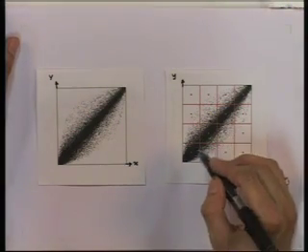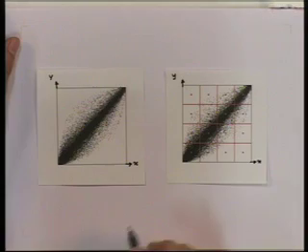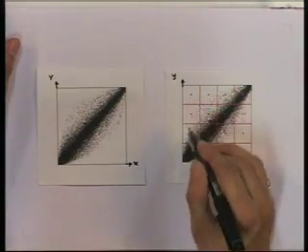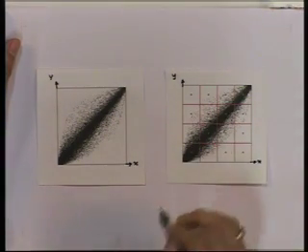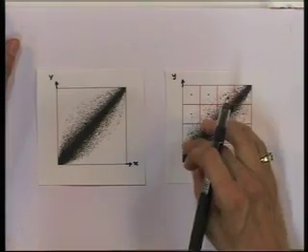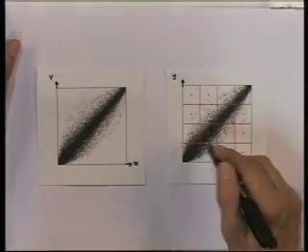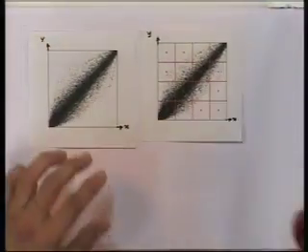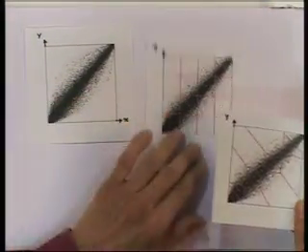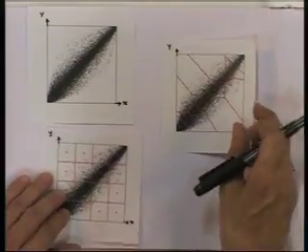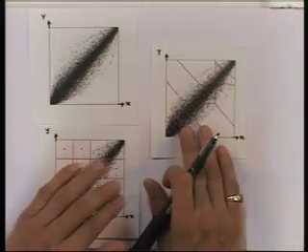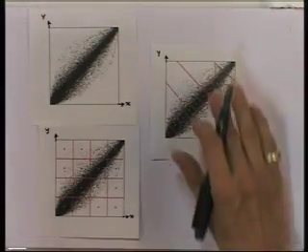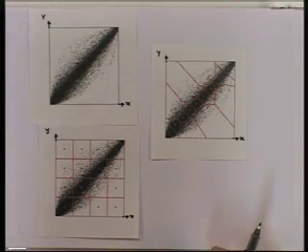Now, in order to minimize the mean quantization error, we will place all these code vectors inside the dense cloud around the y equal to x diagonal. So, if we do that, the figure here shows how things look with vector quantization.